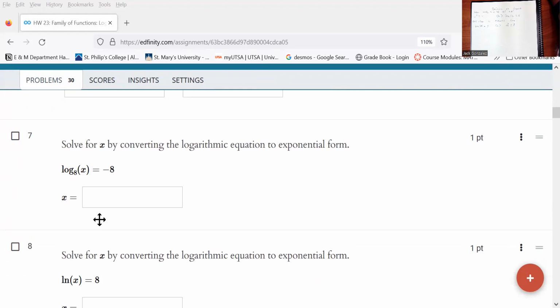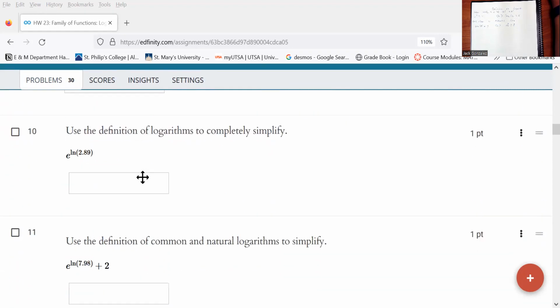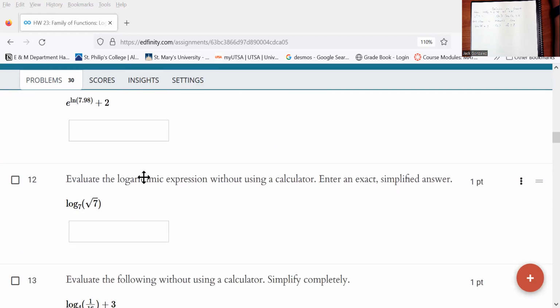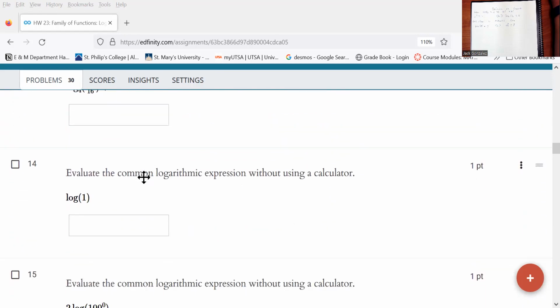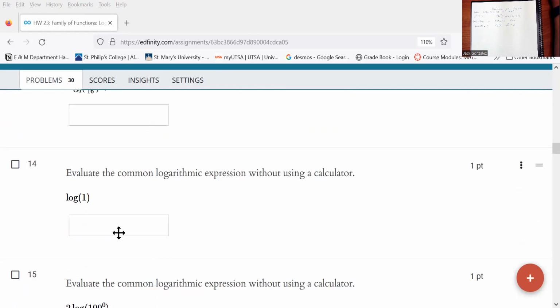After the first 5 or 6 questions, they start asking you to solve for something. So you'll use the definition to change it, and then solve for x. Eventually it'll get a little harder.